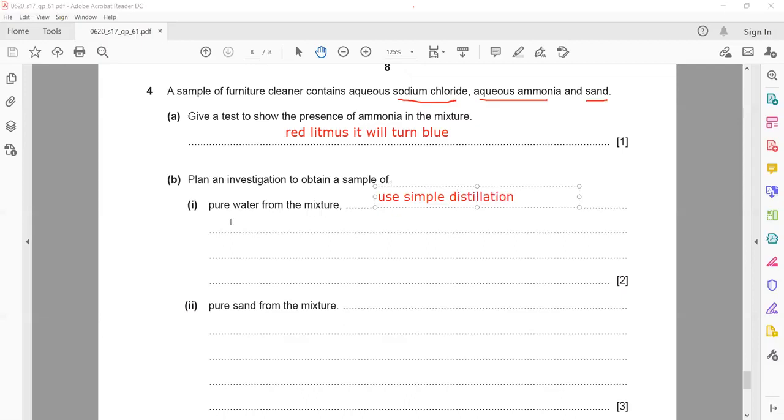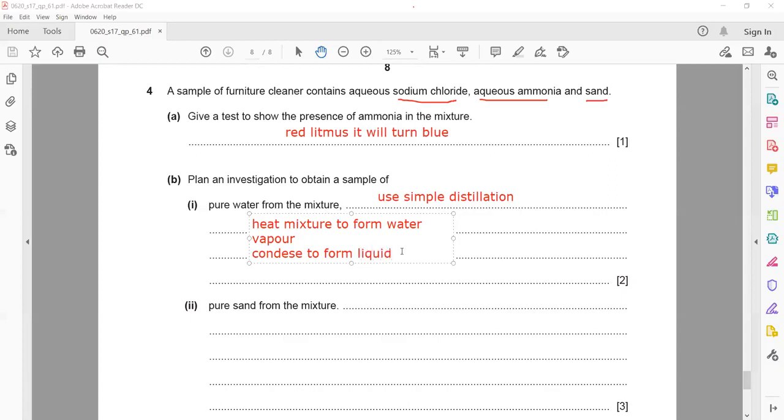In simple distillation, first we heat the mixture to form vapors, water vapors, and condense to form a liquid, or use a condenser to remove the energy and form the liquid.